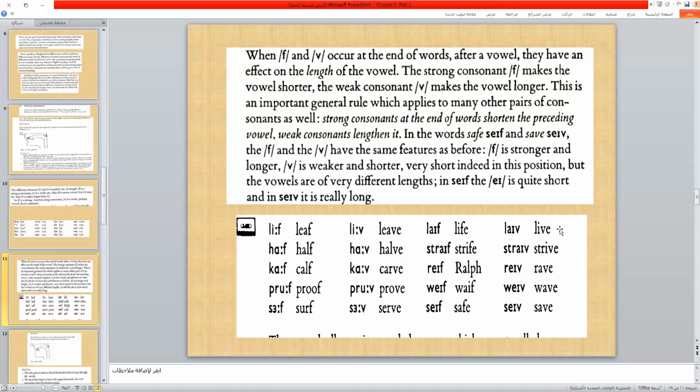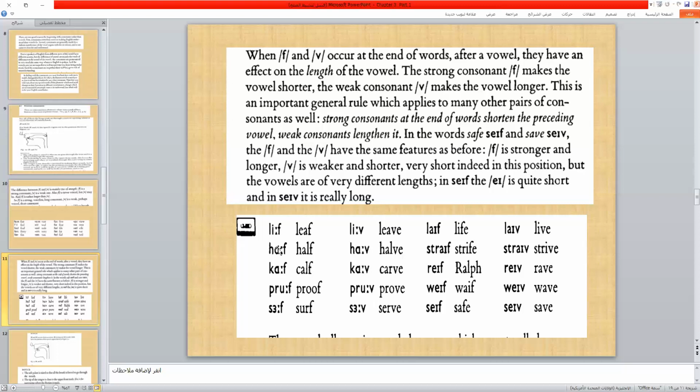Life, live. Which vowel is longer? Although both of them are the same, which one is longer? The vowel here is longer than the vowel here. Why? Again, because it's followed by a lenis, weak consonant.